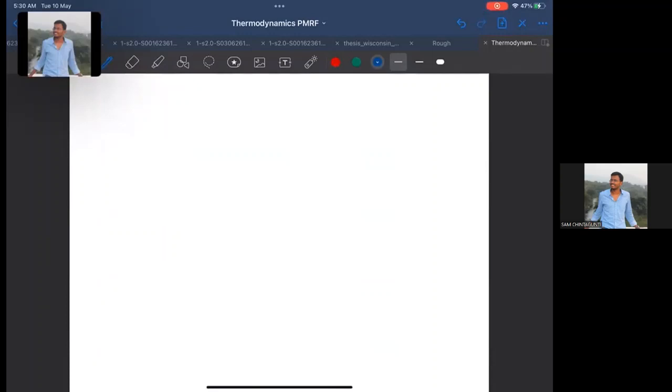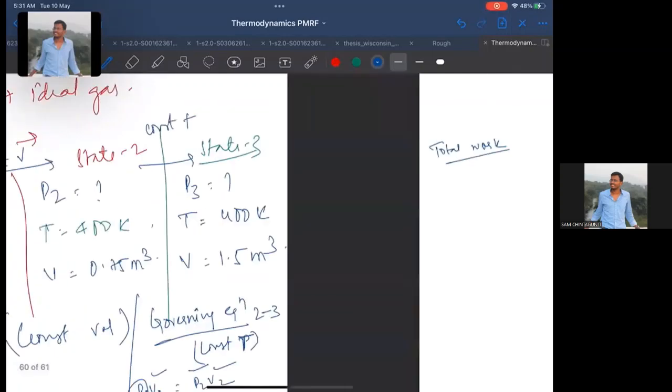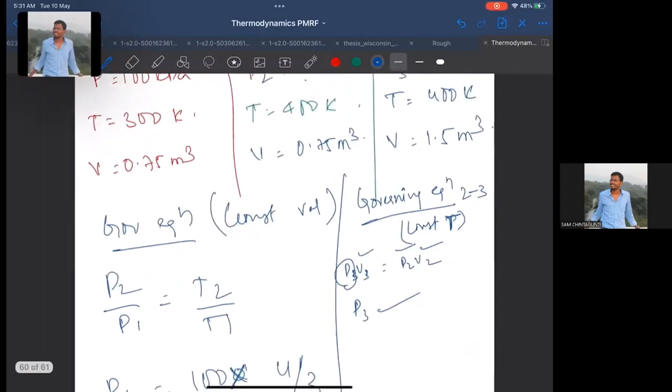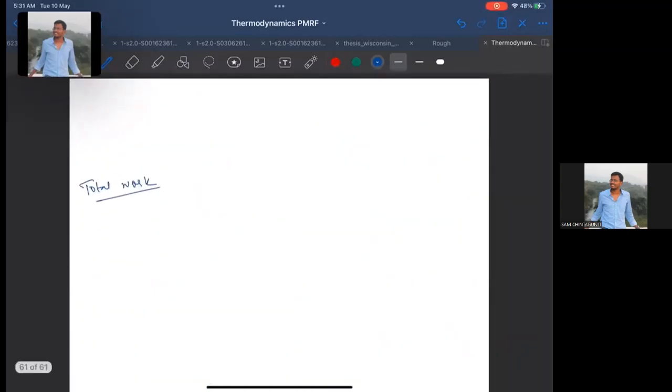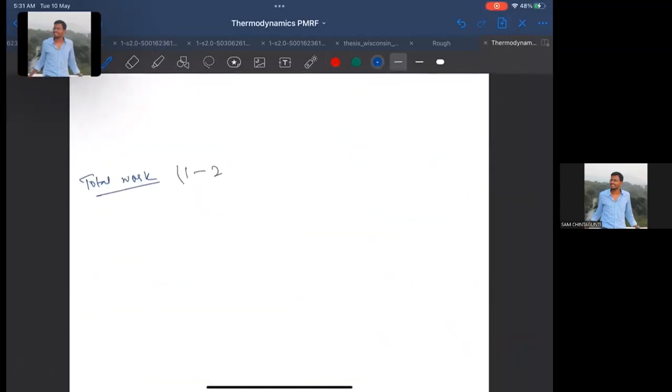In the next part of the question, they asked to find the total work and total heat transfer. So for total work, for 1 to 2, constant volume, work is equal to 0.